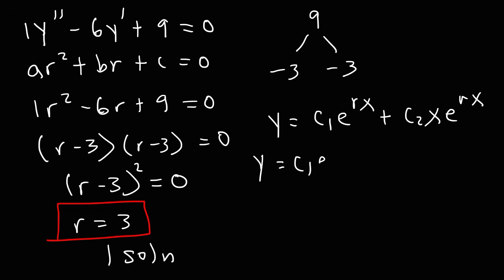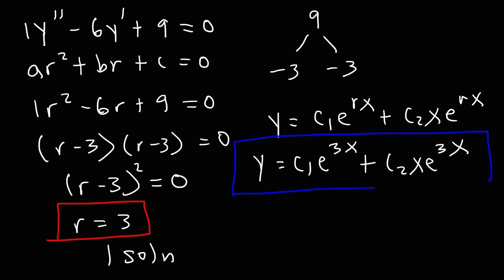So it's going to be C1 e^(3x) plus C2 x e^(3x). So this right here is the general solution of the differential equation. That's how you can solve it when you have the second case, that is, when you have one real solution.